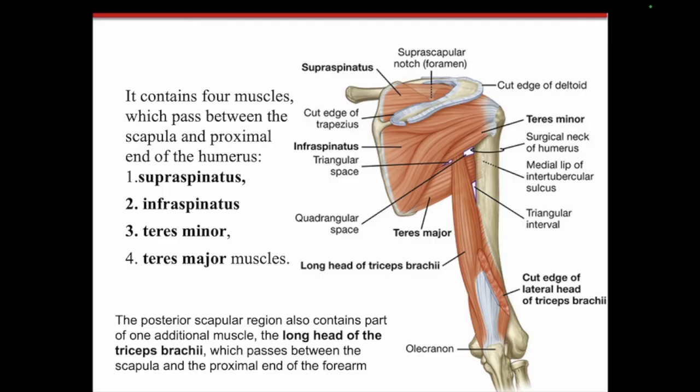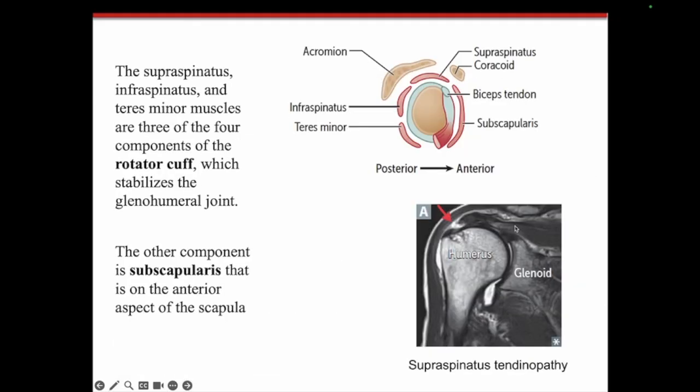So you have the supraspinatus, infraspinatus, and two muscles called the teres major and the teres minor. These muscles are sitting in the back, and you can consider the long head of the triceps also part of the complex.